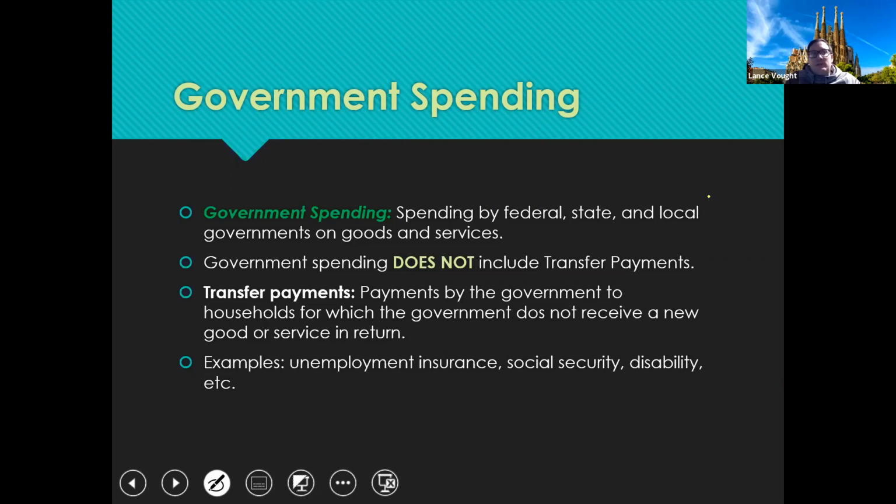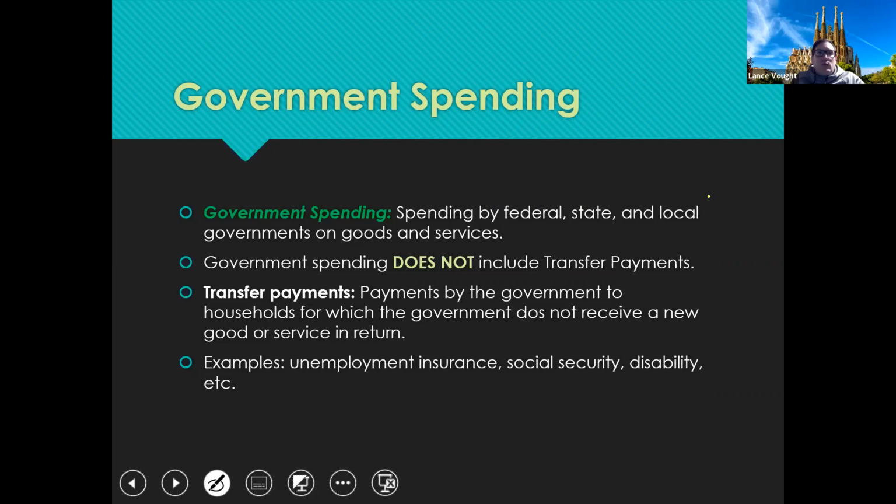Basically, it could be paper clips in town hall, and it could be I-80. It doesn't really matter the scope. All of it, so long as it's spending by the federal government, the state government, or the local government on goods and services, it is going to count as government spending.